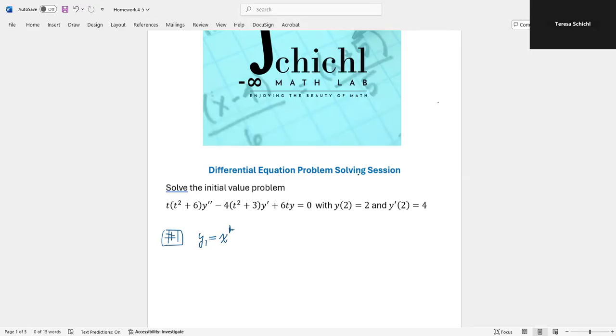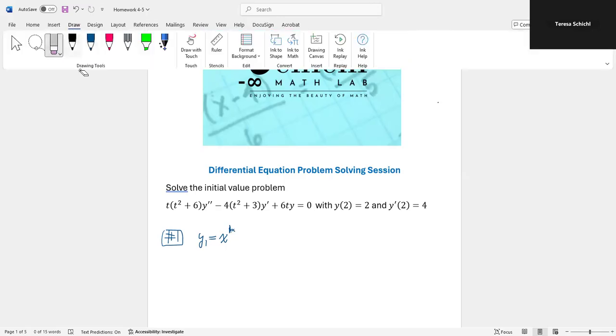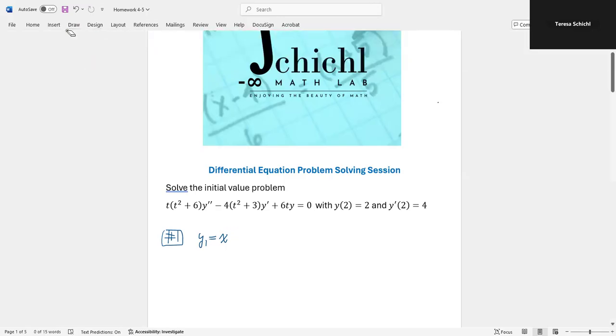The reason is that I see this is a polynomial times a polynomial, so I will probably choose t to the r and see whether I can use it to help me get another solution.